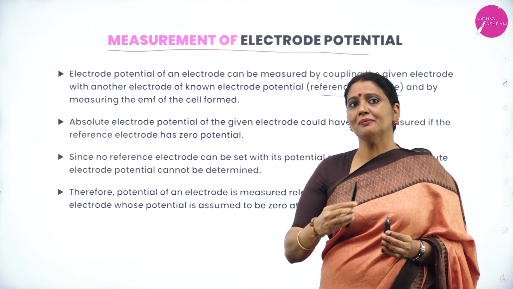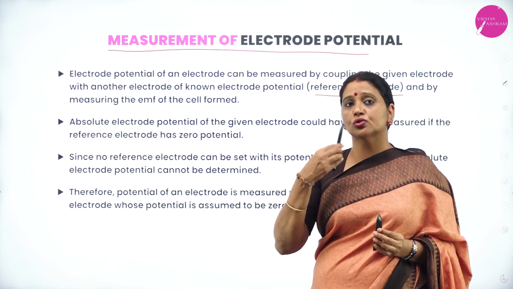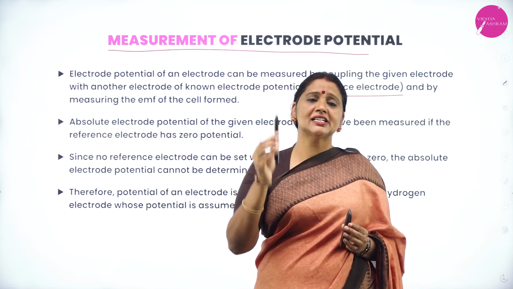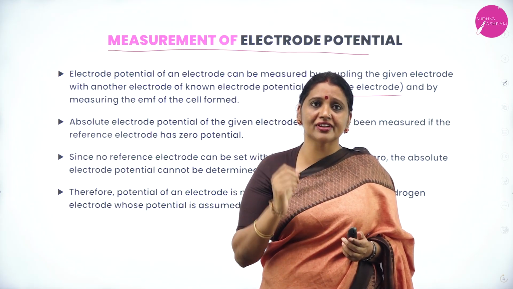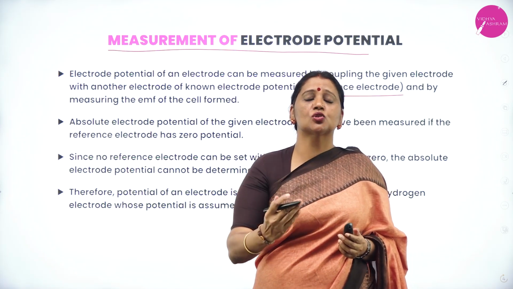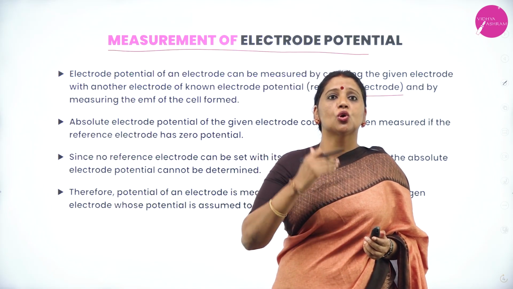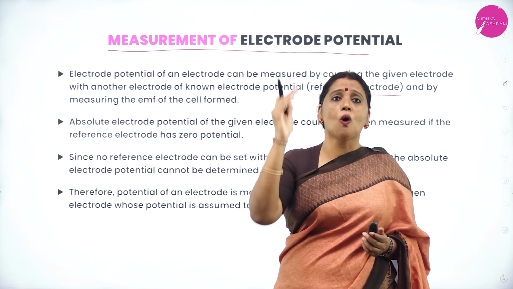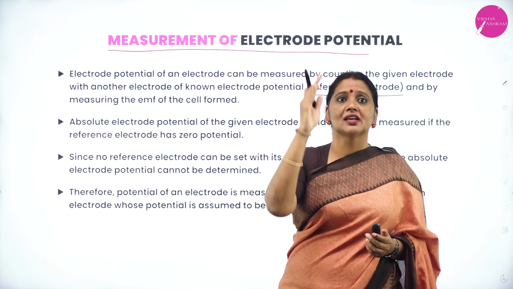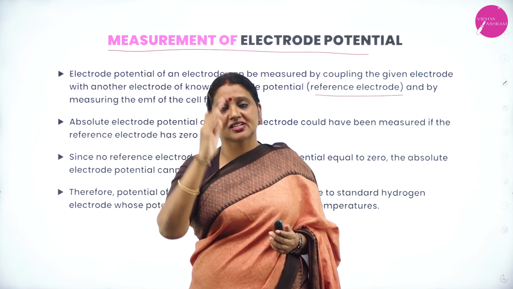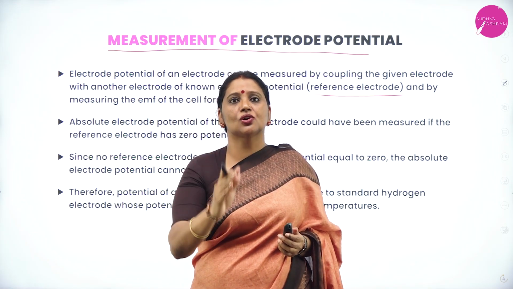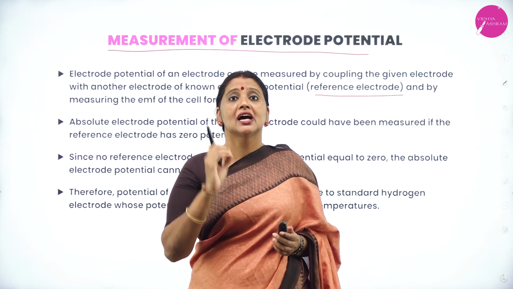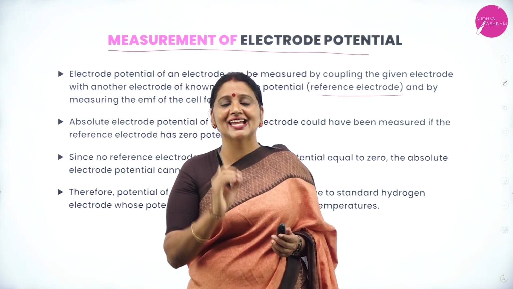Now, commonly the reference electrode used here is standard hydrogen electrode. Why is standard hydrogen electrode used as a reference electrode? Because its electrode potential value is 0 volt at all temperatures. That's why hydrogen is considered as reference electrode, as well as it is called as standard hydrogen electrode, SHE.